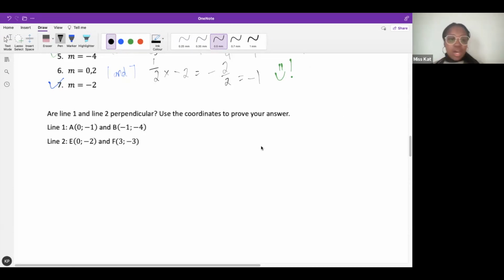So let's do that. Gradient of line 1. Who wants to find the gradient of line 1 for me? M equals y2 minus y1. I actually am going to use letters because my coordinates have names.